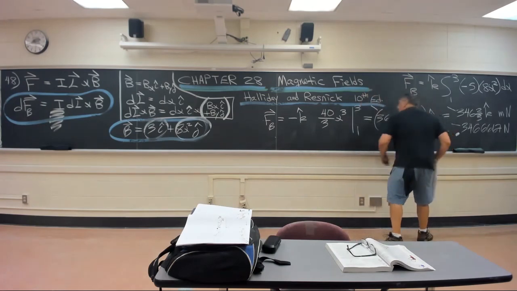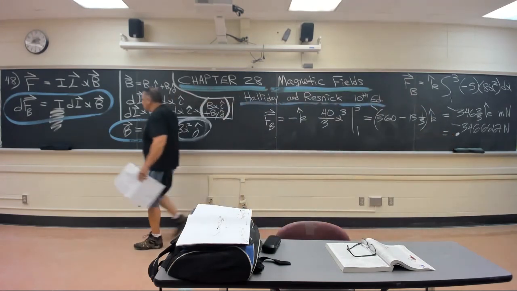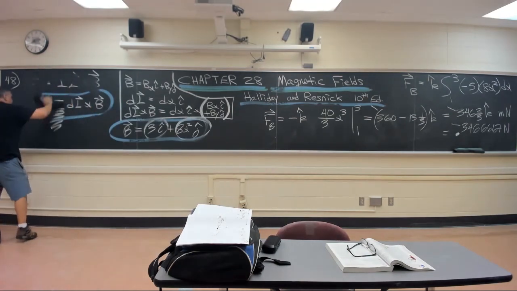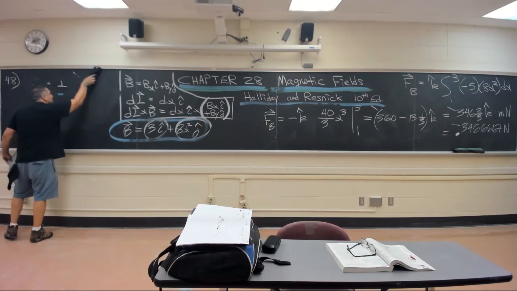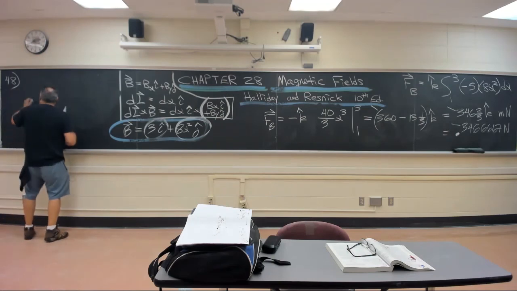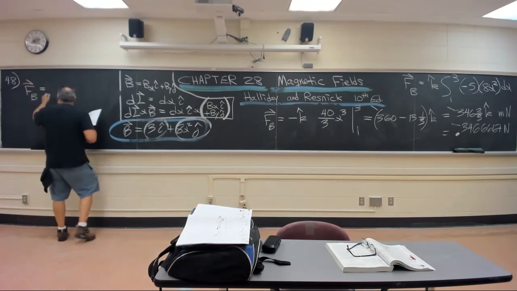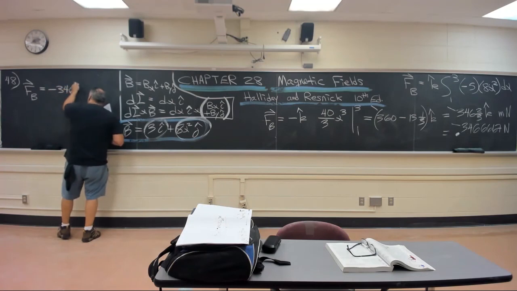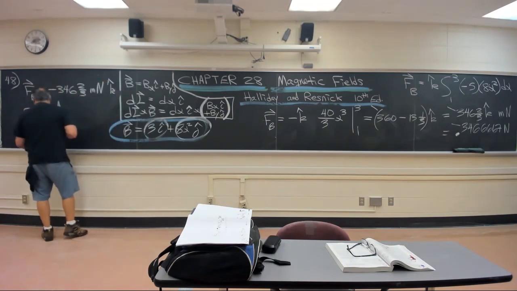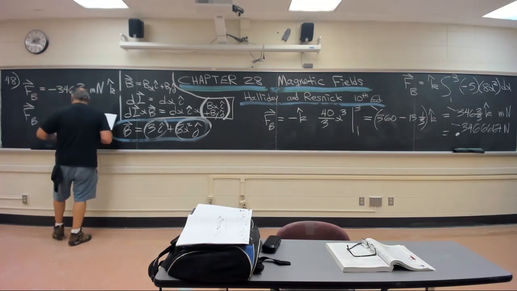It's as simple as that, guys. K hat. That means it goes in the negative z direction. Negative k hat direction is negative z direction.